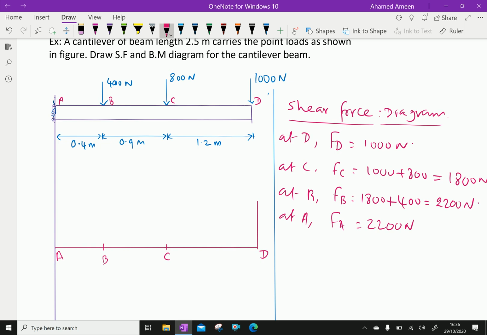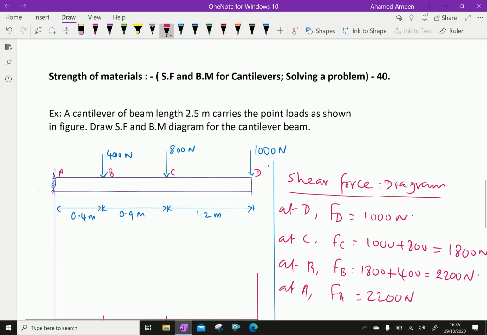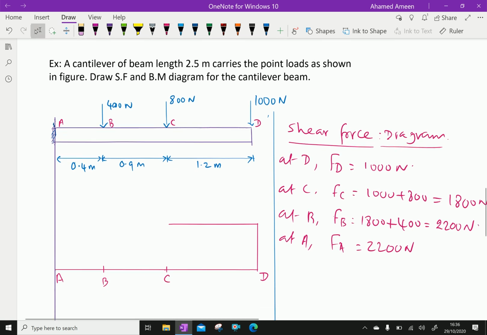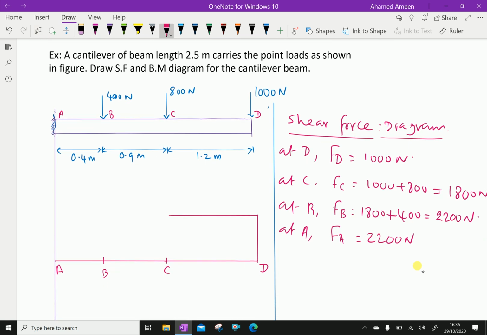Now from this we have to draw a horizontal line up to this much. Let this be 1000 Newton. From this 1000 Newton you have to draw a vertical line for 800.